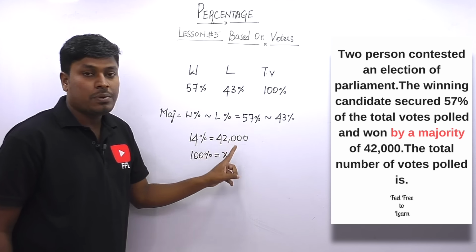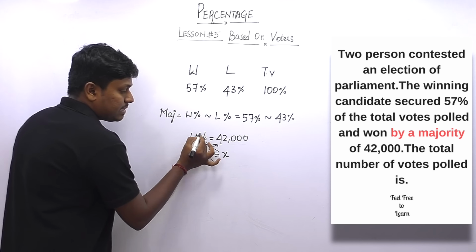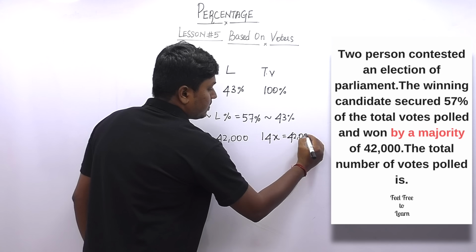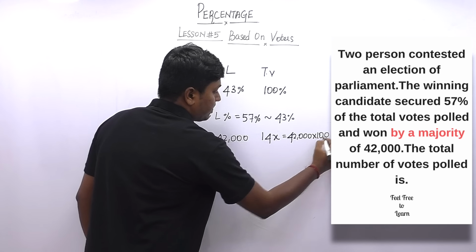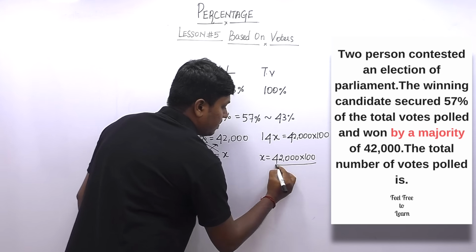Total number of votes is 100%, so 100% is equal to x. Now you need to cross multiply, so we can cancel percentage and percentage. So 14 into x is equal to 42,000 into 100. This can be written as x is equal to 42,000 into 100 divided by 14.